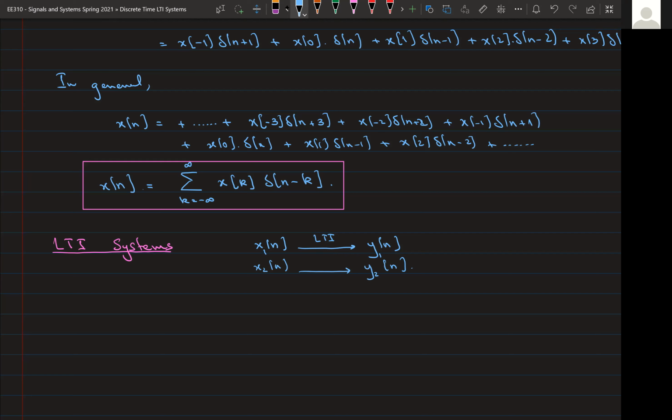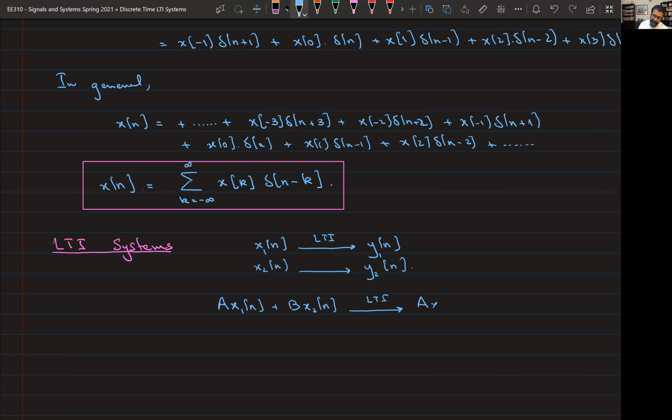Marine, do you want to say something? Sir, I wanted to say that, like Manur said, it's a linear change, but I also remember that if two signals are added and multiplied by some constant, their output will be as if each of them had individually been put into the system and then summed up. That's excellent.